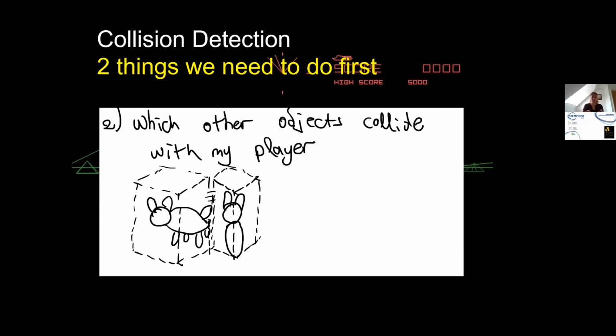What happens after the objects have collided depends on your game, and this is known as collision resolution. So the result of the collision is known as collision resolution, and depends on what you want to do.